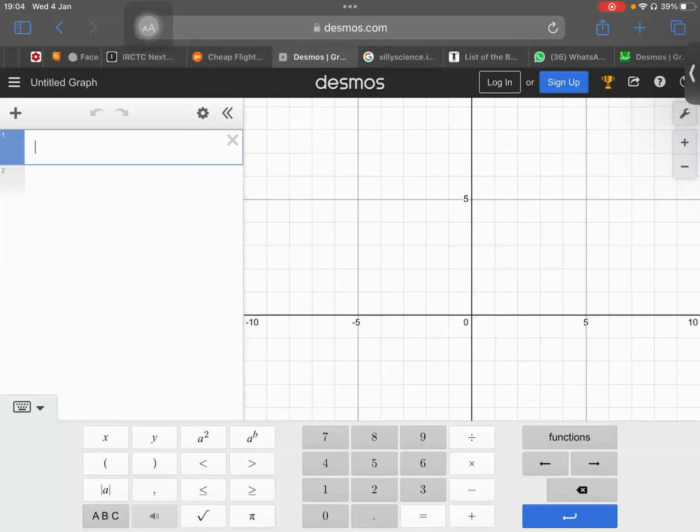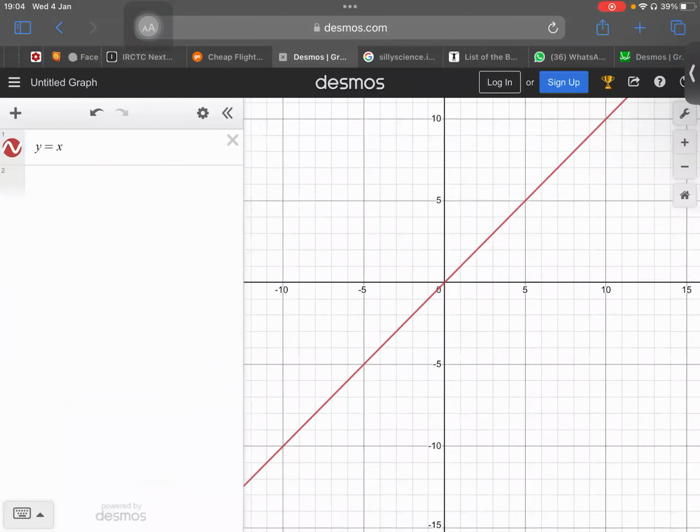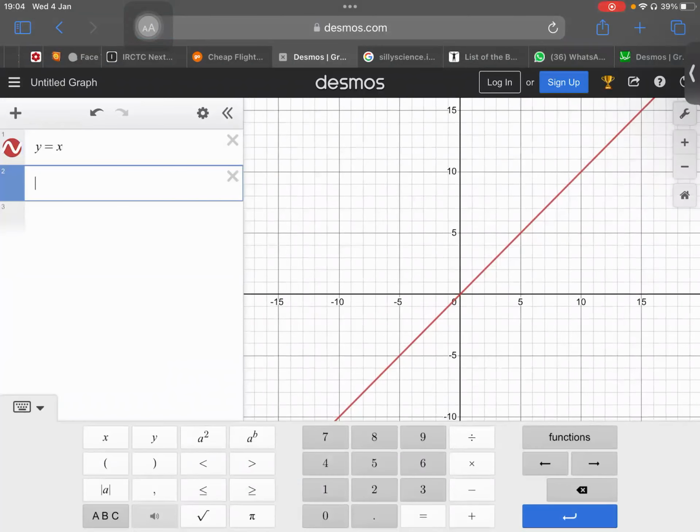Let's say y is equal to x, right? This is y is equal to x, right? Now let's say another function, y is equal to x square divided by x, right? x square upon x.